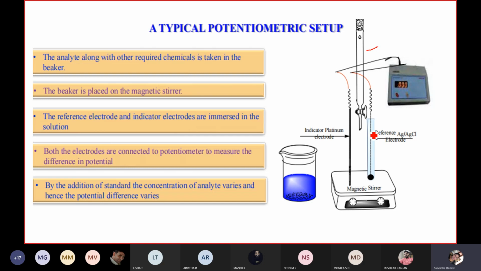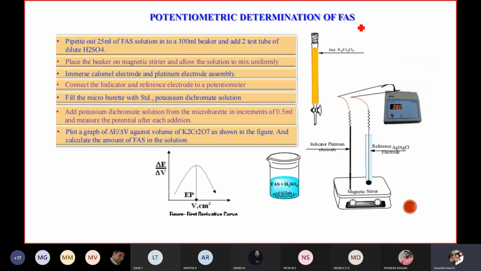You immerse the two electrodes and connect them to the instrument. As you keep adding potassium dichromate from the burette to the beaker, it starts giving values and the potential starts increasing. Once it reaches the maximum potential, you can plot the graph.